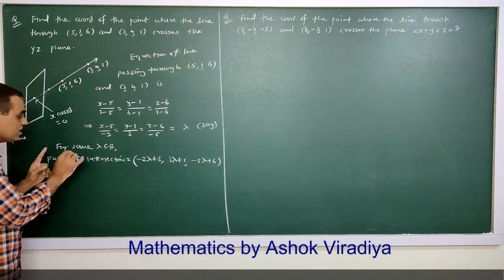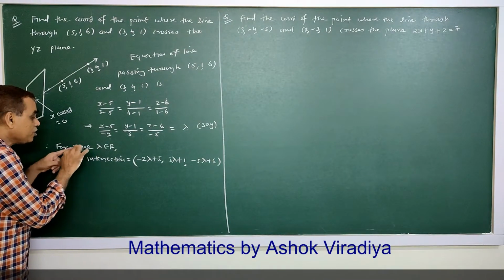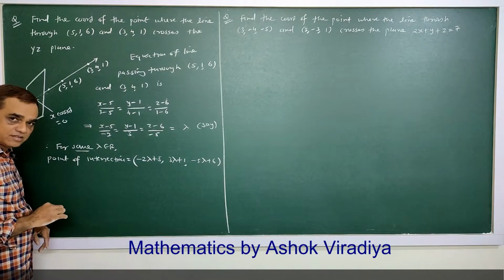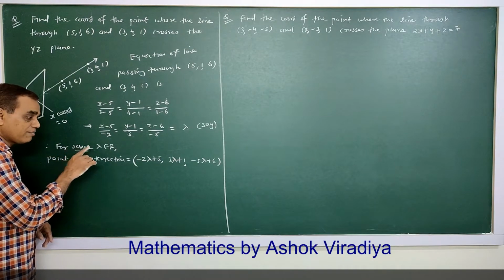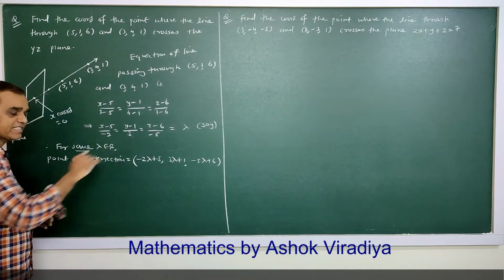Here I use the words some particular value of lambda: for a particular value of lambda, the point of intersection has these coordinates.